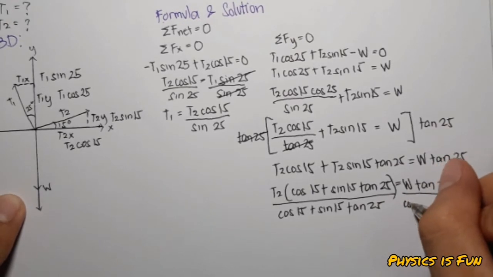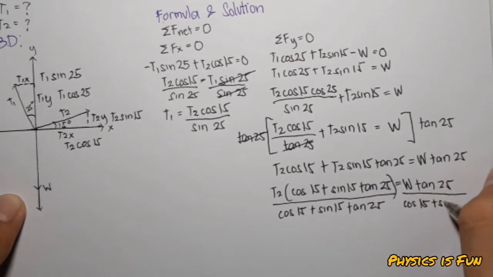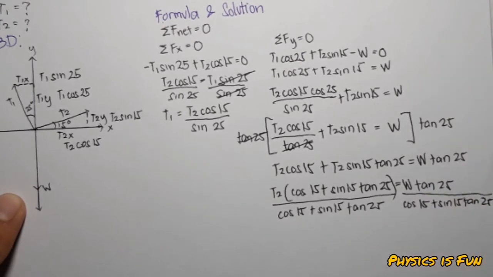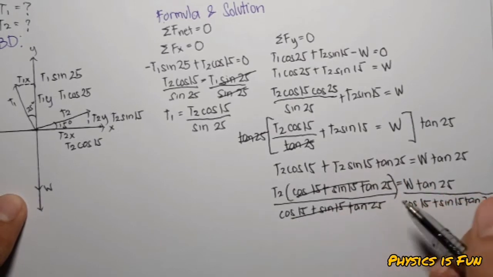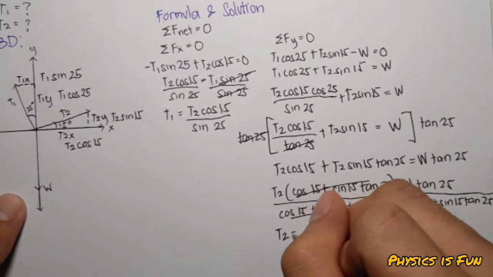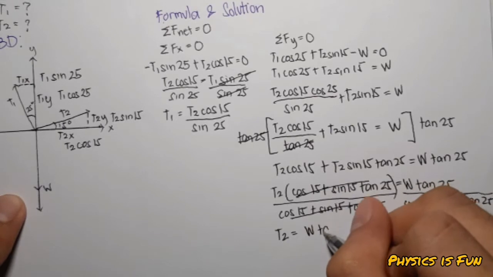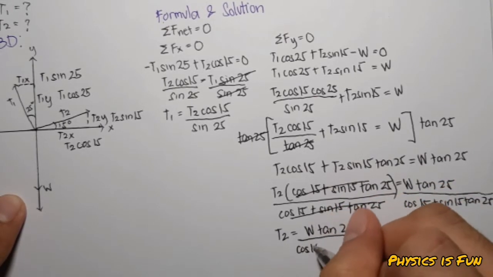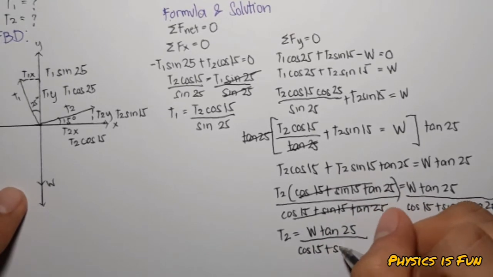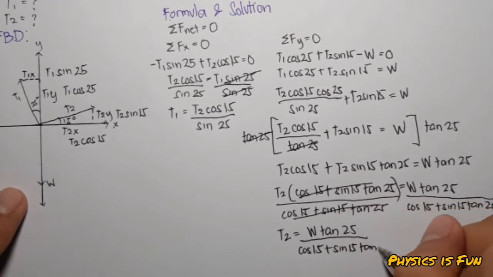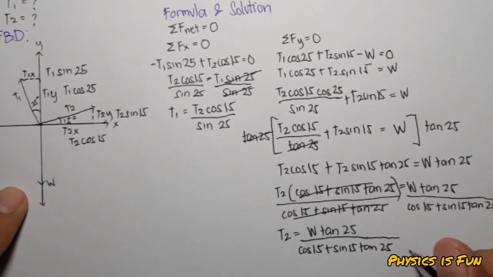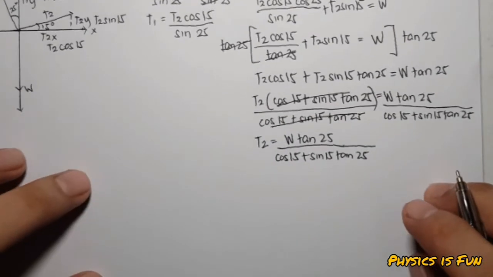Also on the side, cosine 15 plus sine 15 tangent 25. And this will be cancelled out, leading us to tension 2 equals weight tangent 25 all over cosine 15 plus sine 15 tangent 25. And if we got this, we can now substitute all the numerical values.